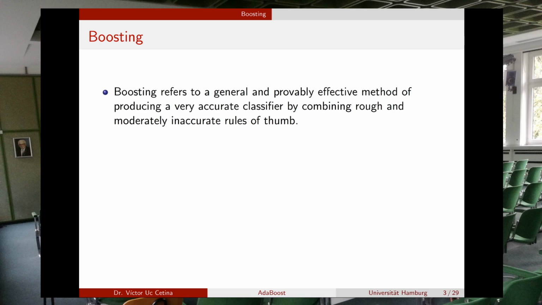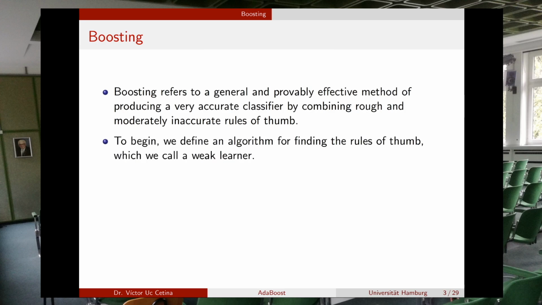So the idea is that we are going to generate many classifiers that are not very accurate. And that is why we call these classifiers weak classifiers. And they are, like it says here, rules of thumb. Most of the time these classifiers are very simple rules.